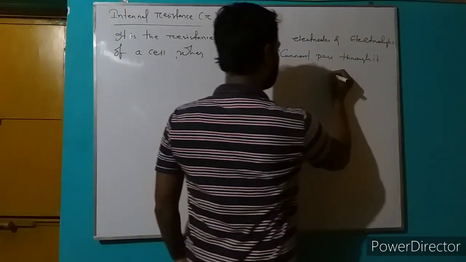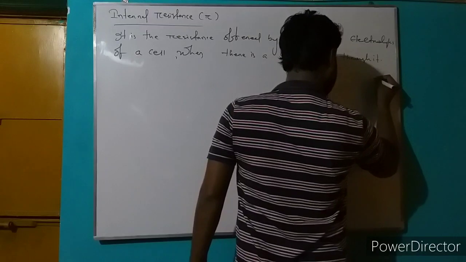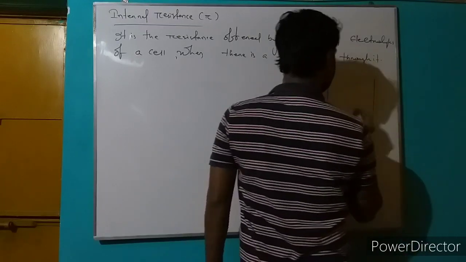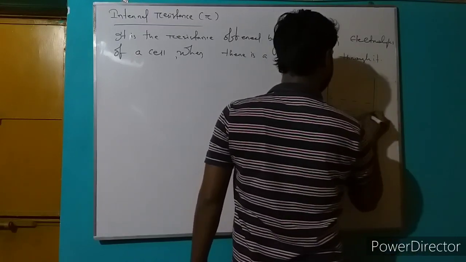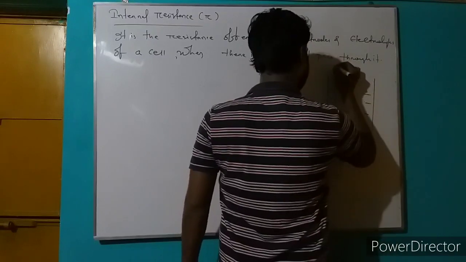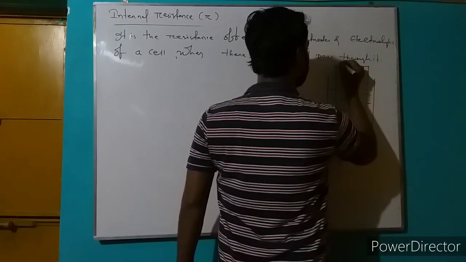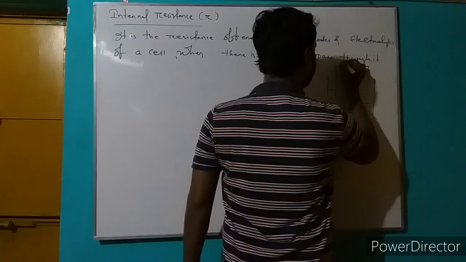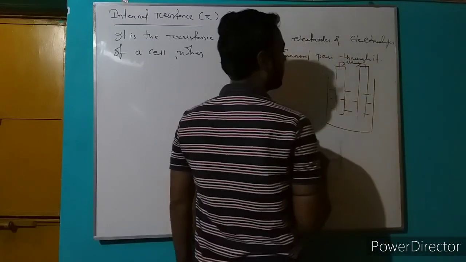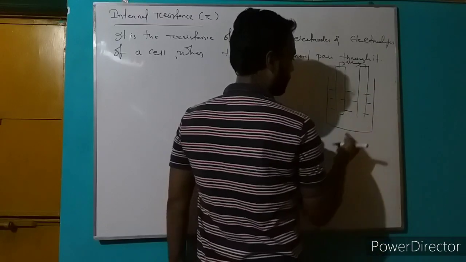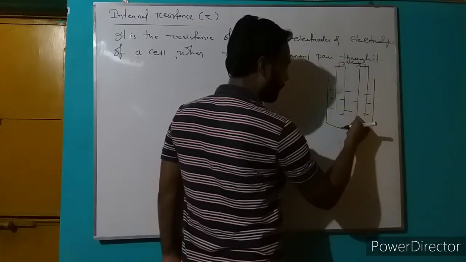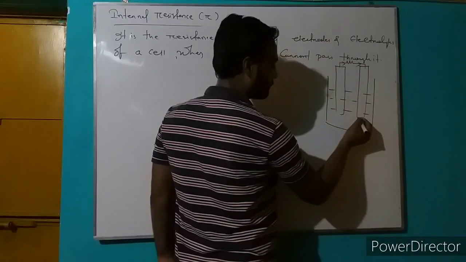If you assume this is the cell, inside the cell the electrolytes are present and two electrodes are there. When there is a current passing through the external resistance, it also passes through the inside of the electrolyte.